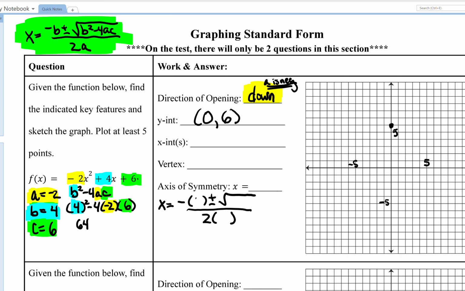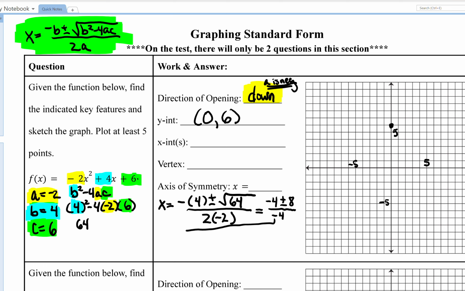B is 4, the discriminant is 64, and a, again, is -2. The square root of 64 is exactly 8. So what I've got here is -4 plus or minus 8 all over 2 times -2, or -4.